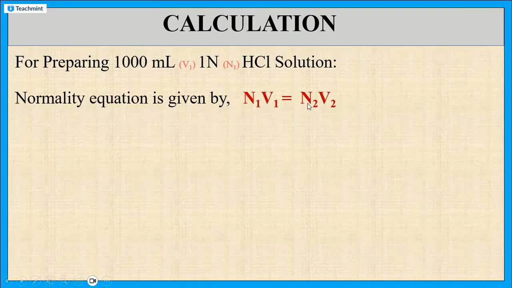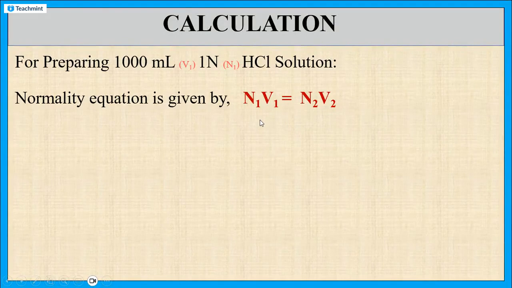N2 is the available normality of 37% HCl, and we already calculated this value, and the value of N2 is 11.96. So we have to determine how many ml of HCl we have to take from the bottle, that is V2. So we want V2.